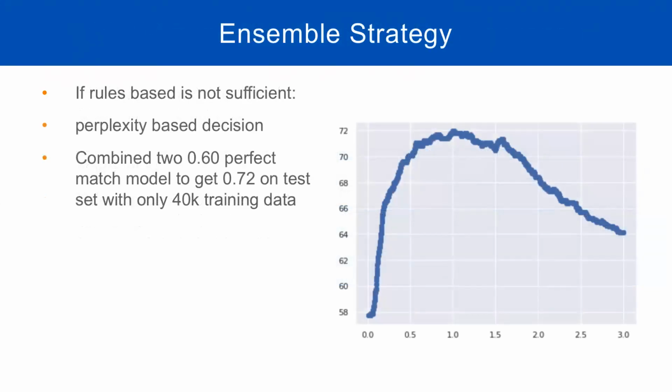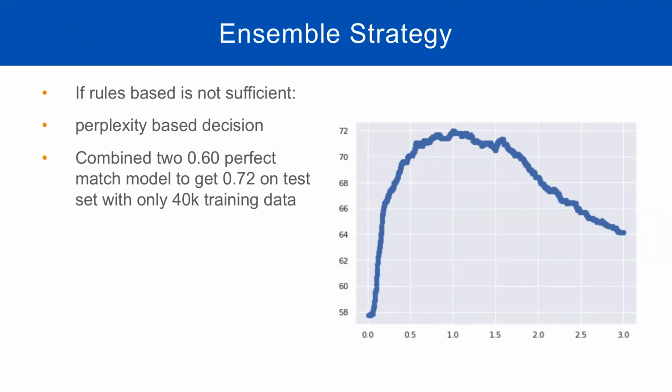So in the end, we have a bunch of techniques, right? How do we ensemble them together? We start with rules-based, and if we figure out that rules-based is not working very well, then we turn to a perplexity-based solution, because in the encoder-decoder sequence-to-sequence solution, you're able to get a perplexity value of how well the model is encoding and decoding from one side to the other.